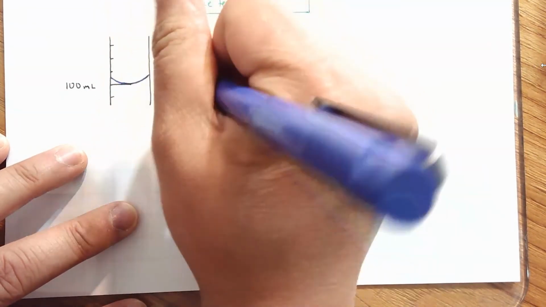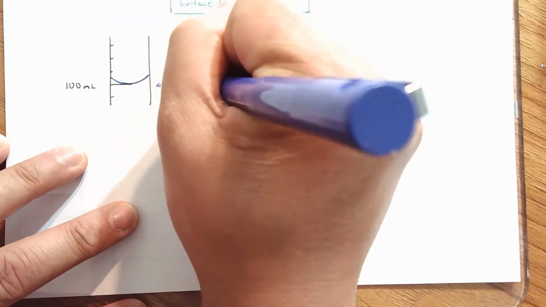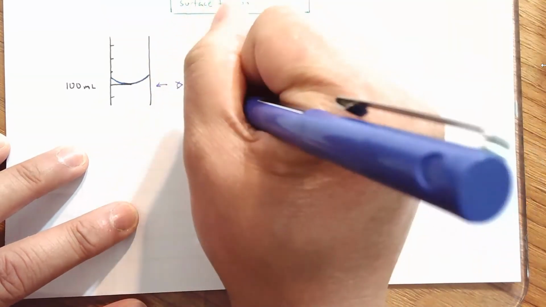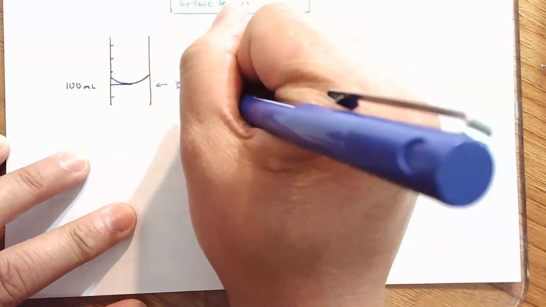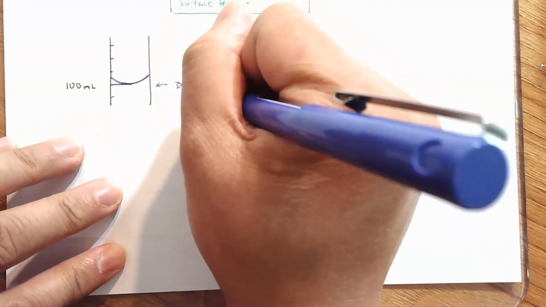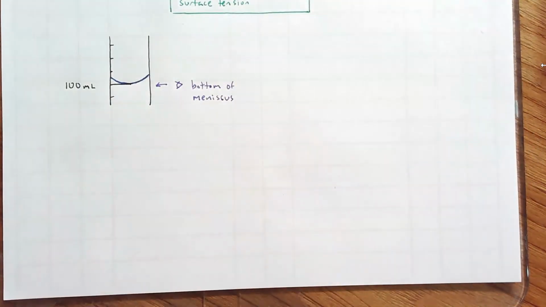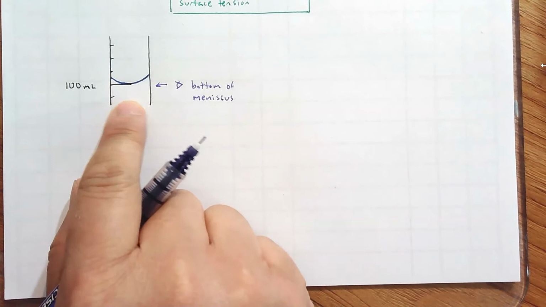And you were told to put your eye right here, looking at the bottom of the meniscus. So you don't want to be at an angle. You want to have your eyesight perfectly horizontal at the meniscus. So yeah, a lot of people bend down to look at the graduated cylinder horizontally.